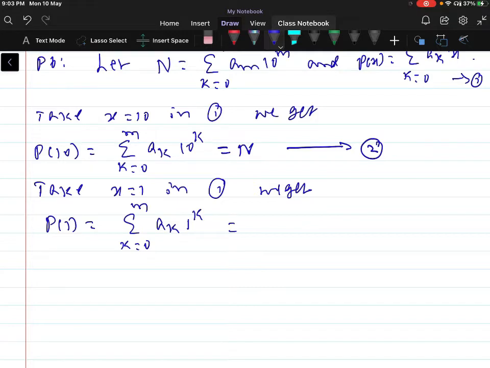So this can be written as the sum for k = 0 to m of a_k, that is equal to a_0 + a_1 and so on plus a_m. So this can be written as s. We call it equation number 3.